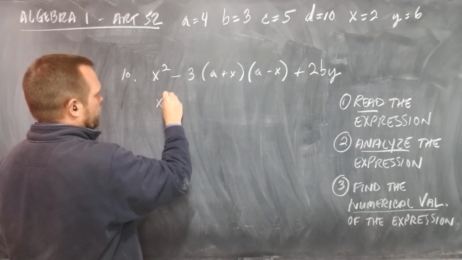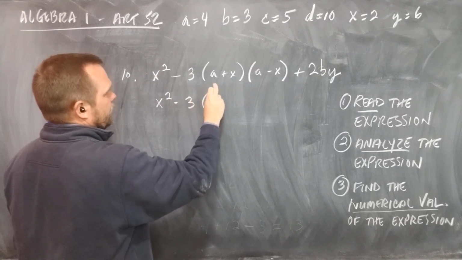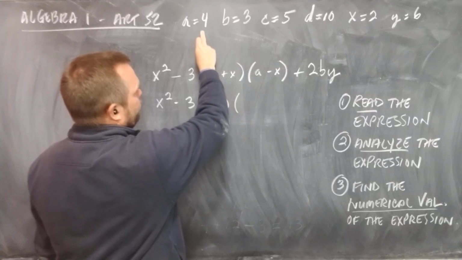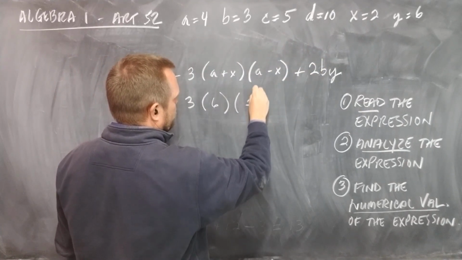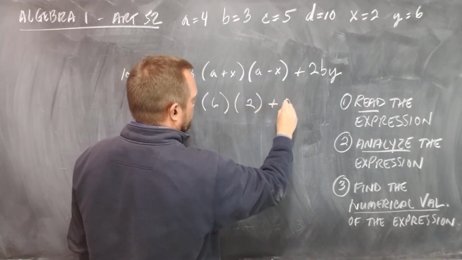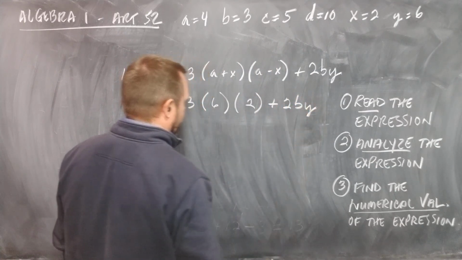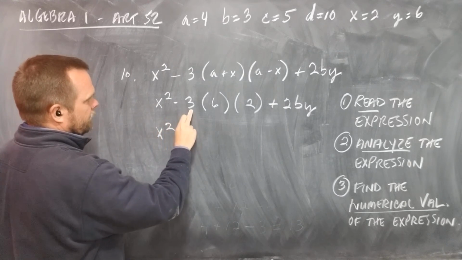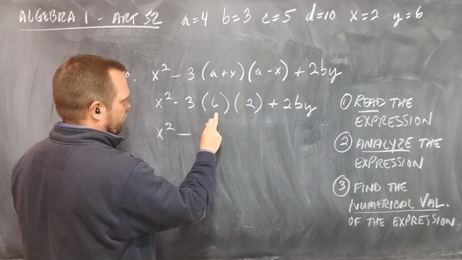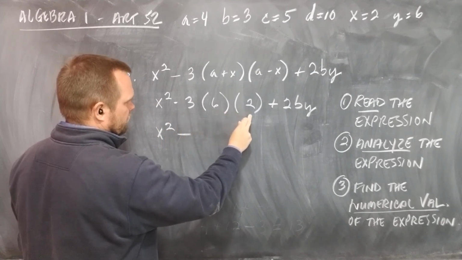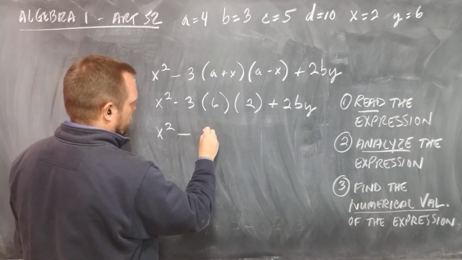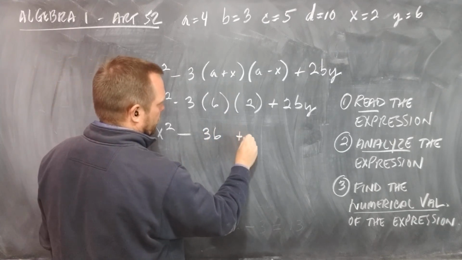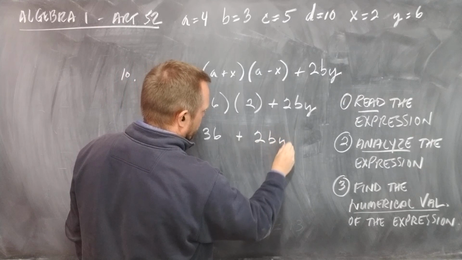So we have x squared minus 3 times 6 times (a minus x), 4 minus 2, which is 2, plus 2by. That gives us x squared minus 3 times 6, which is 18, times 2, which is 36. So x squared minus 36 plus 2by.